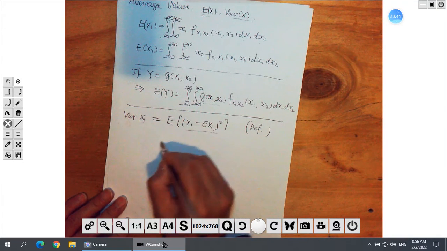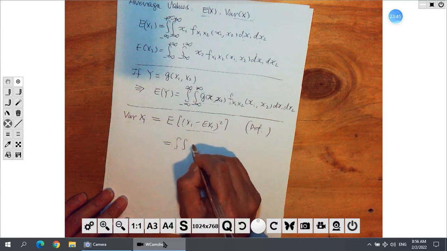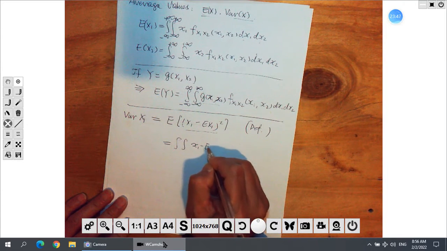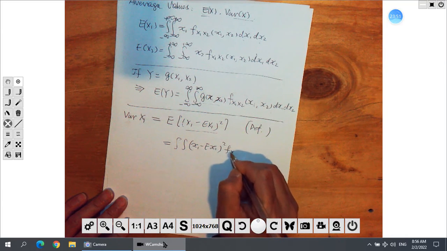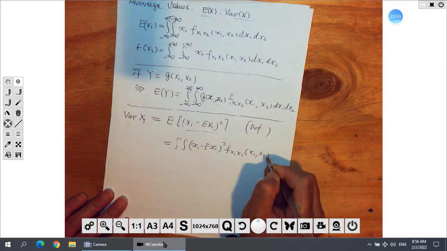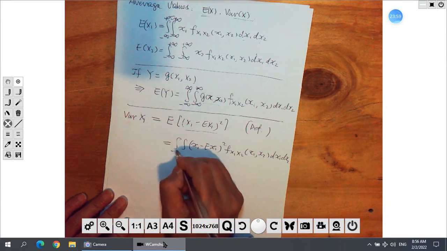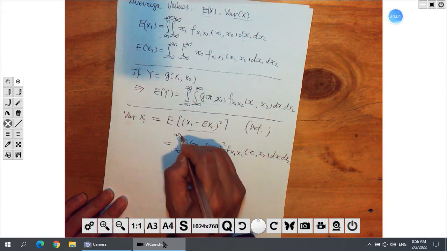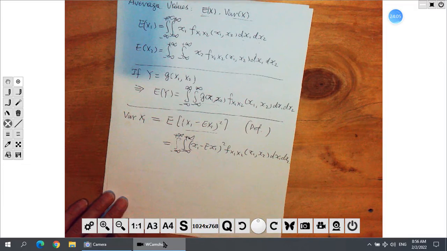So this one is equal to the integral of x1 minus E of x1, squared, times f of x1, x2, dx1 dx2, negative to positive infinity, negative to positive infinity. So you can have this.